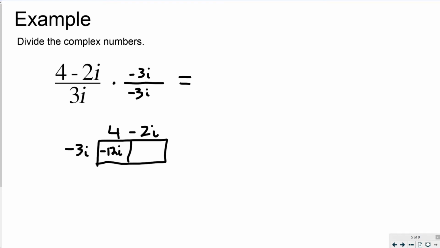And then for the other multiplication, I'm going to get positive 6, because negative 3 times negative 2 is positive 6, i squared, since i times i is i squared. And then remembering that i squared is negative 1, positive 6 times negative 1 is negative 6.